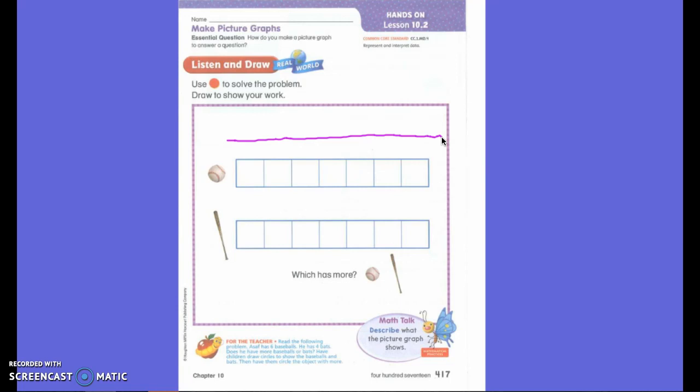So just from reading this or listening to the story that I read, and by looking at our pictures, what do you think a good title would be? Baseballs and bats. Okay, we could name it Baseballs and Bats. Very good.